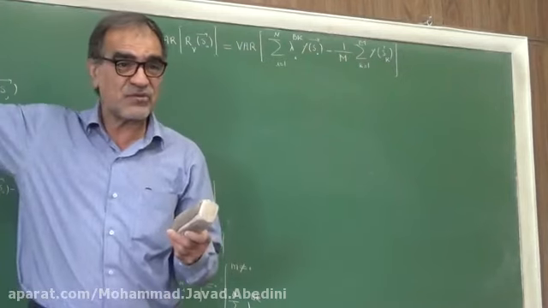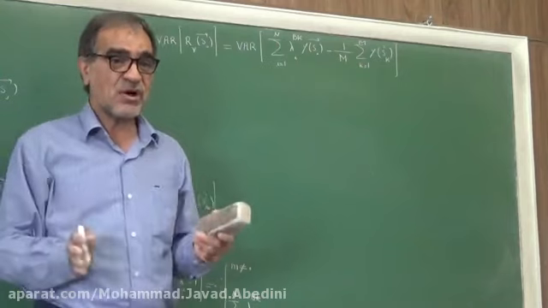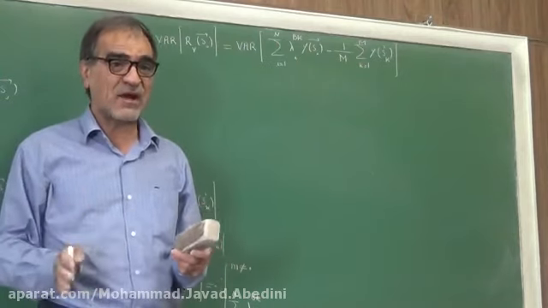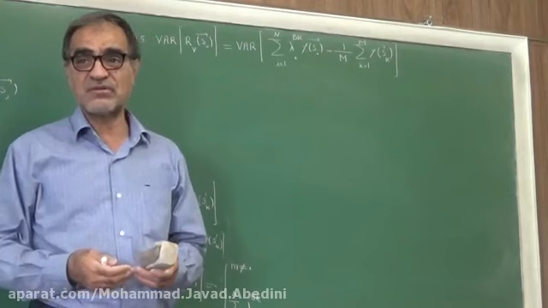If your parent random function is stationary, then you are okay to write it in terms of the covariance of y.